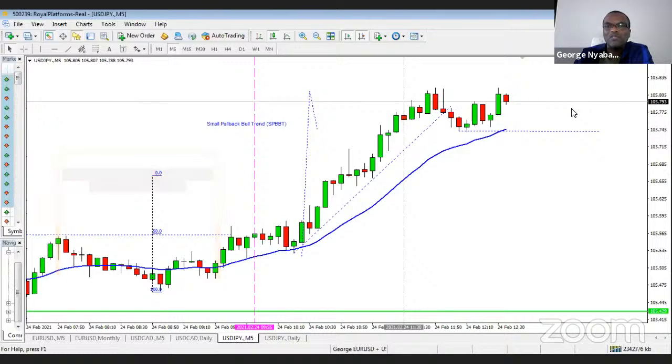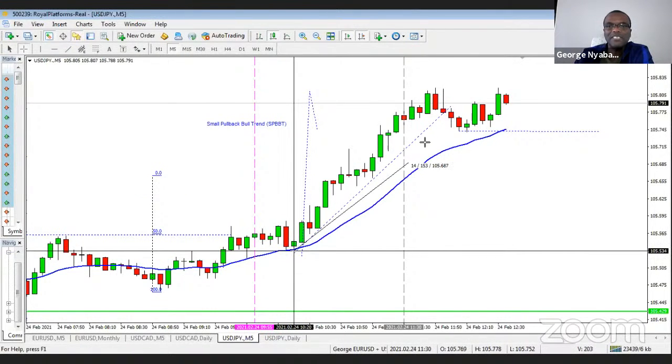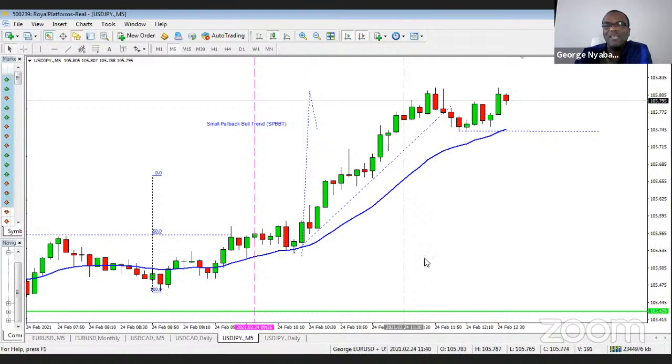What would show the strength of the bears is if after this strong move, and since that move we've had almost 20, getting to 24 candles without any close beneath the moving average.